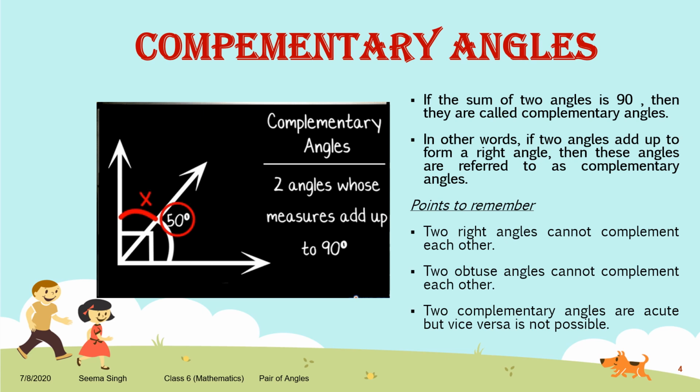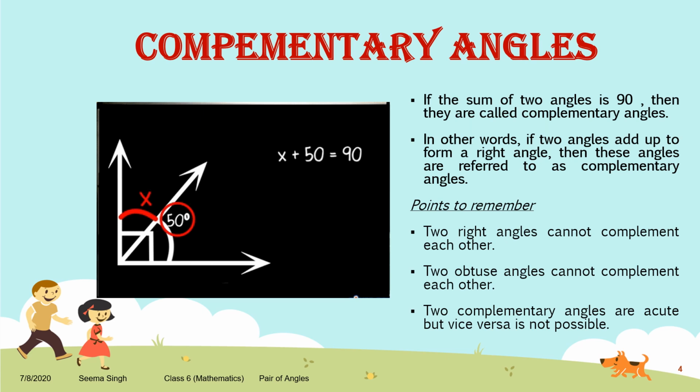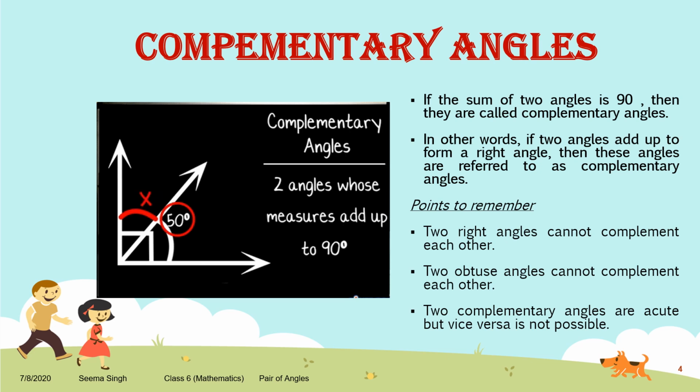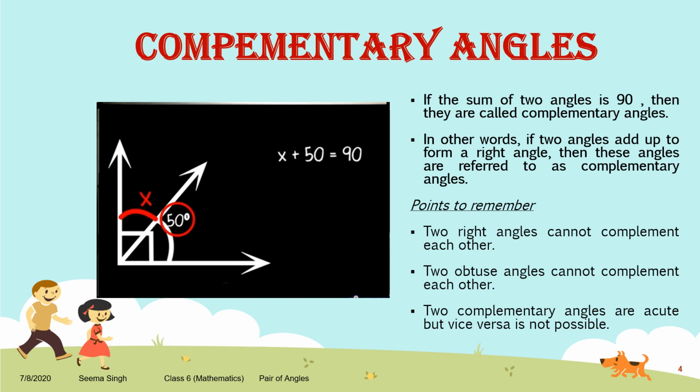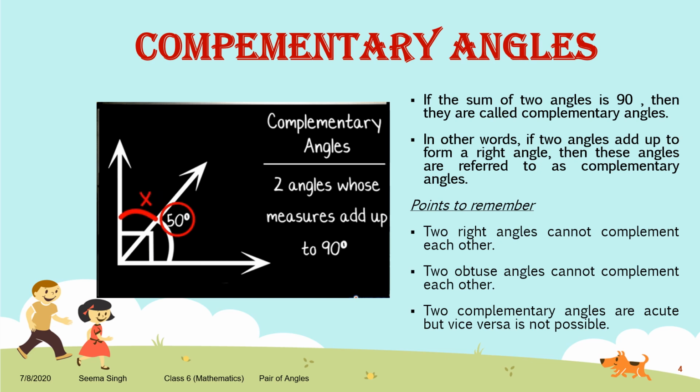When we add x with 50, it should be equal to 90, and thus we get the value of x as 40. So we have seen that complementary angles are angles whose measures add up to 90°. If the sum of two angles is 90°, they are called complementary angles.